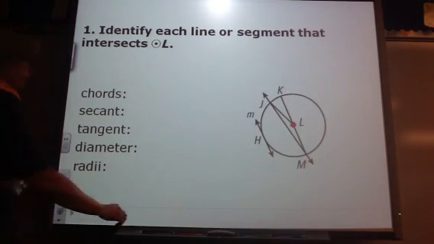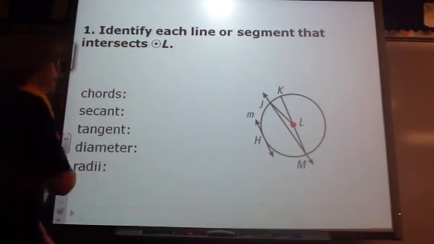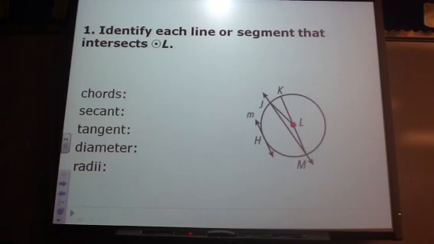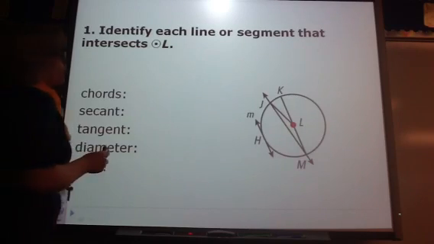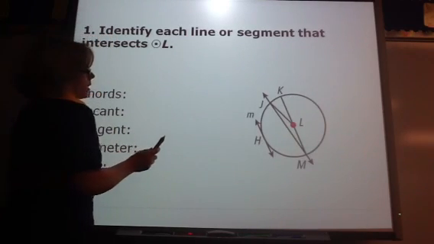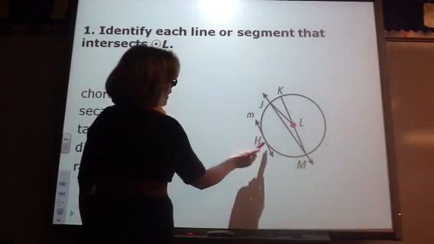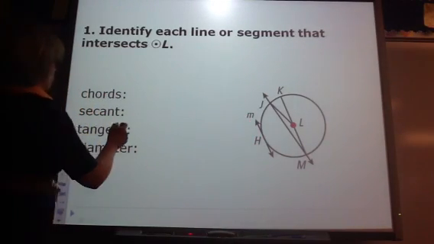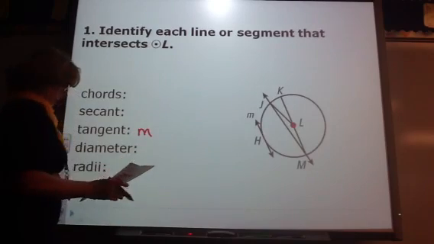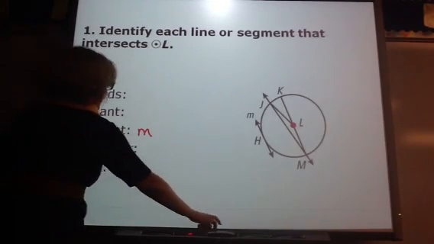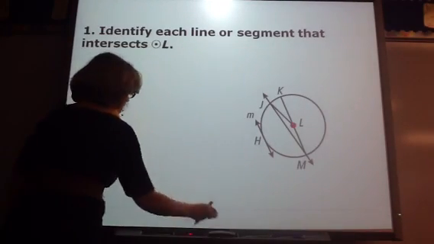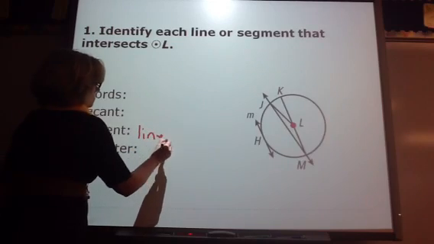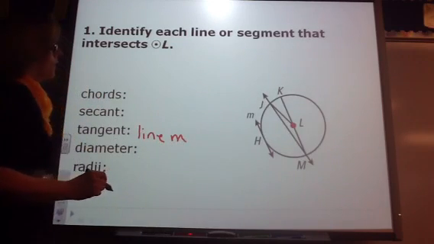Okay, so we're going to identify, and we want to identify our chords, okay? So, let's see. Well, let's just do this. Right here we have line M. Line M is tangent to that circle. So, this is going to be M. Let's call that line M. Okay?